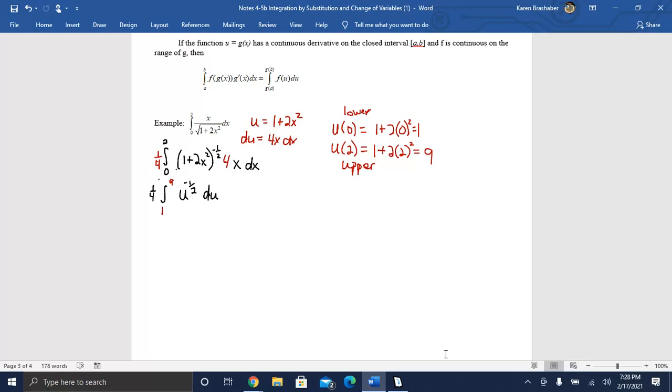Now, when I do this, I will not re-substitute. Once I've made this adjustment, we will use the power rule and not re-substitute, but we will use the fundamental theorem of calculus.